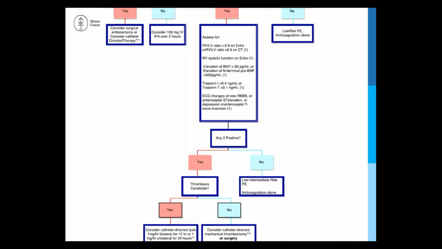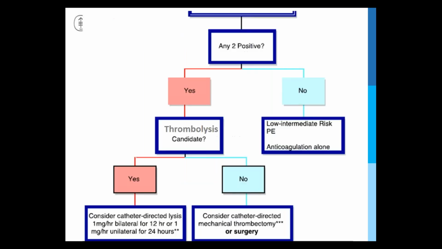So we look at either the RV-LV ratio, the systolic function on echocardiogram, is the BNP elevated, the troponin elevated, are there EKG changes, etc. So we want to see at least 2 of these things. And if we see 2, then we consider catheter-directed thrombolysis. If the patient is not a thrombolysis candidate, we consider mechanical catheter-directed thrombectomy.